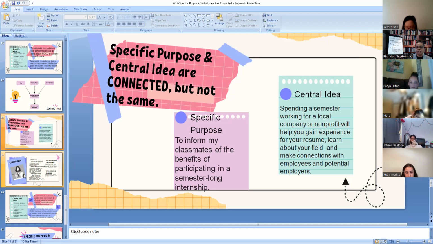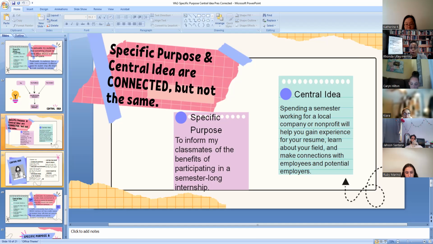You see here in this example, we are very clear about what it is we're talking about. The main points are included here. The first main point would be spending a semester working for a local company or nonprofit will help you gain experience for your resume.